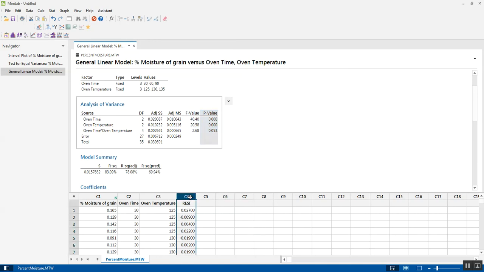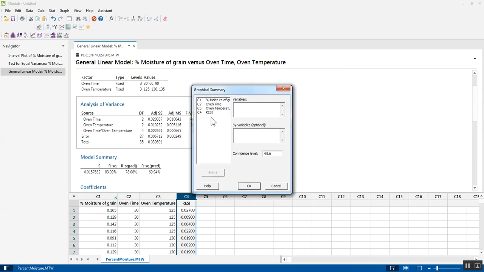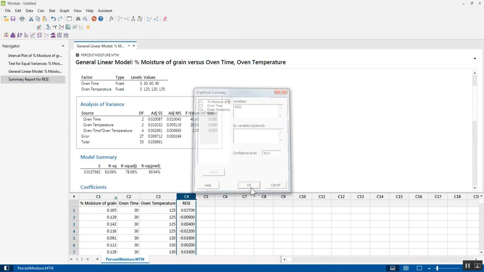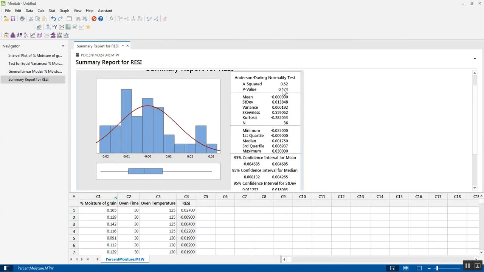Before we do that post hoc testing, the residuals are stored, so we can see how each observation differs from its group mean. So I'm just going to do a very quick graphical summary of those residuals just to check we are not too non-normally distributed. And look, there's my Anderson-Darling p-value. We can see the bell curve there.